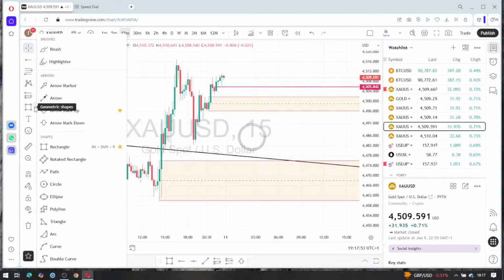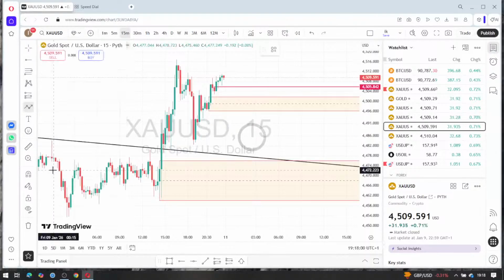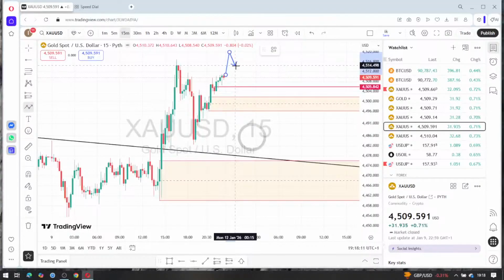I'm trying to find where that part is so I can use it to demonstrate. Okay, this is the part. This is what I mean. This is what I'm trying to say. Imagine that the market goes up, and then comes back to here.